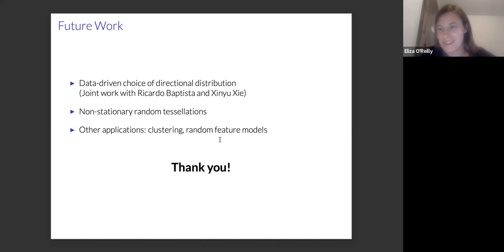And so this is I think a really interesting future direction. But the key is what characteristics of non-stationarity do we want? What kind of non-stationarity is the best for natural data sets? That's a difficult question, I think.